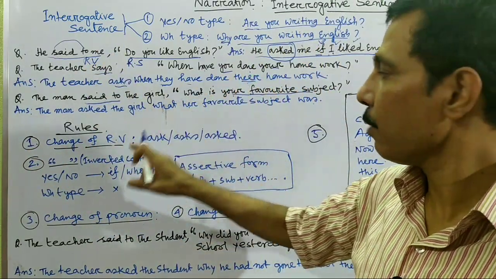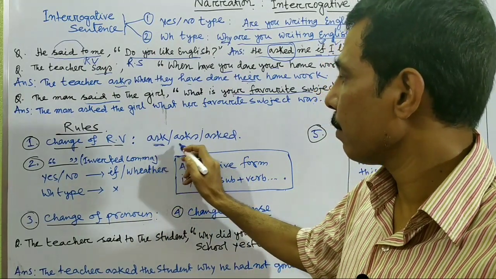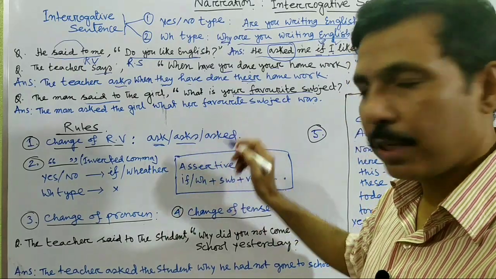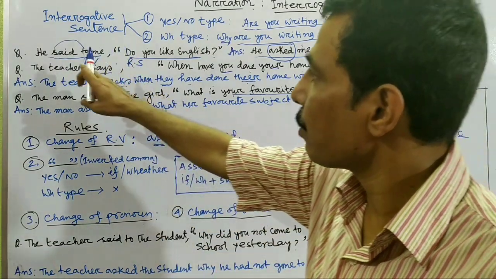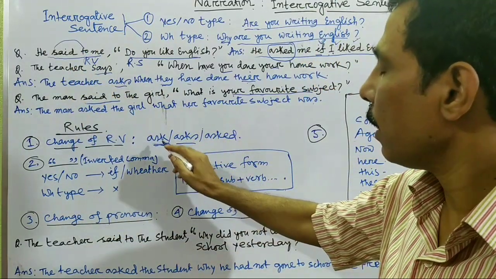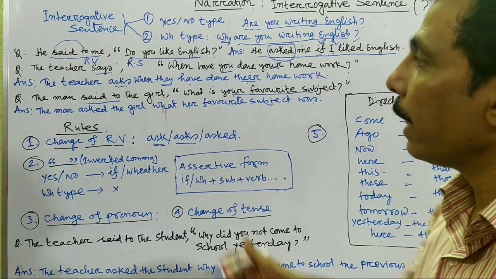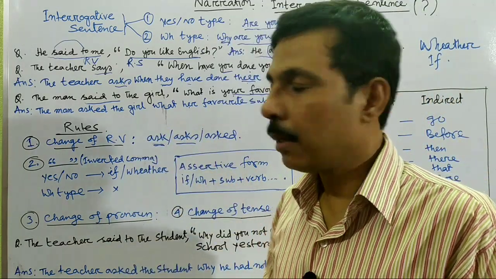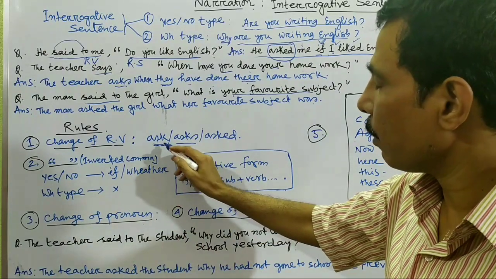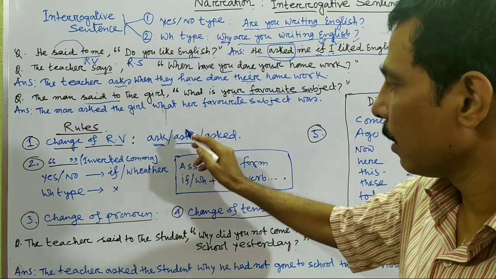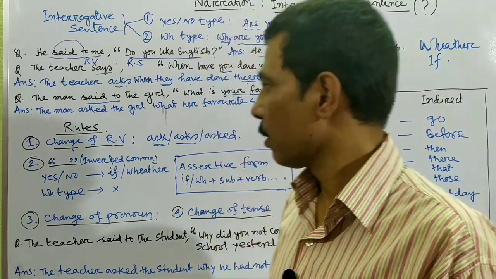In the interrogative sentence, you must use the reporting verb ask: in the present tense, ask or asks, and in the past tense, asked. So instead of say, said, says, you use ask, asks or asked. If there is "said to" or only "said", the verb changes into asked form. That means in respect of present tense, it is ask or asks, past tense asked, and future tense will or shall ask.